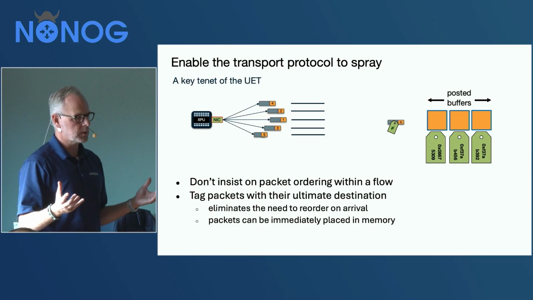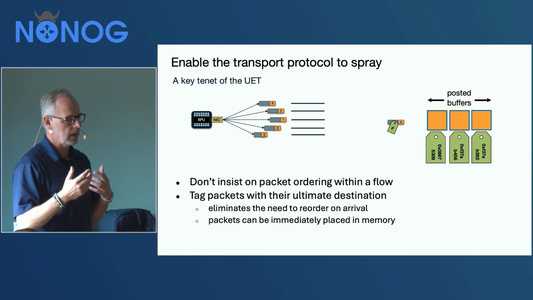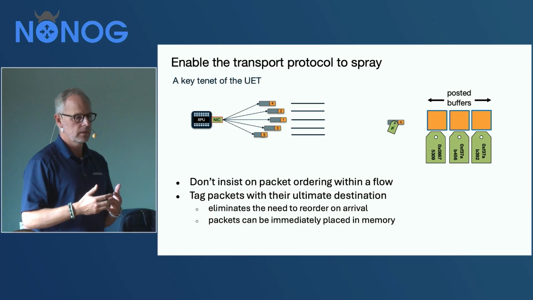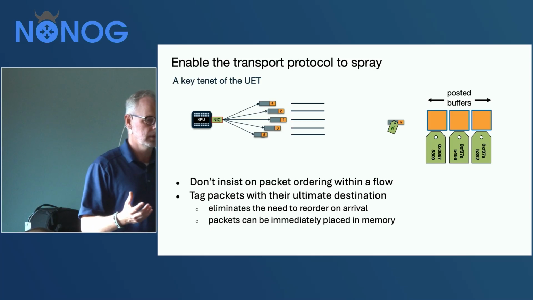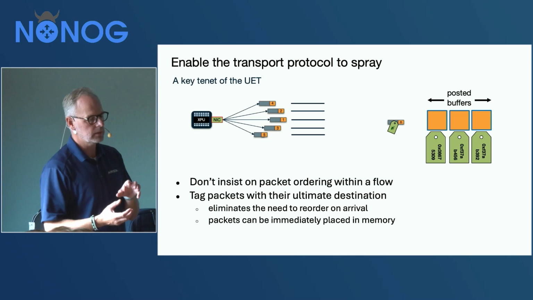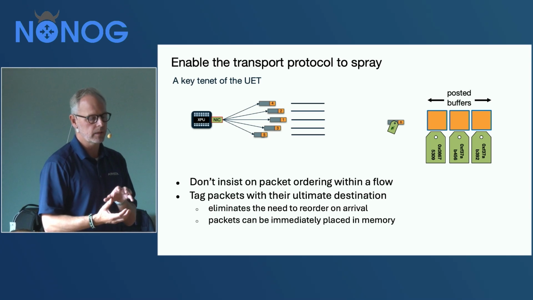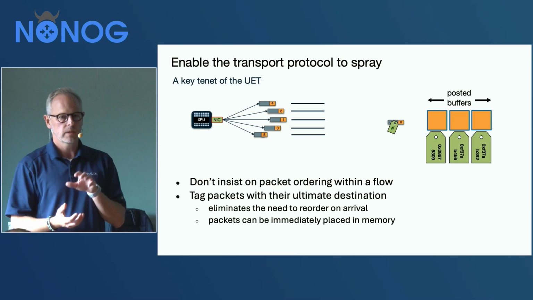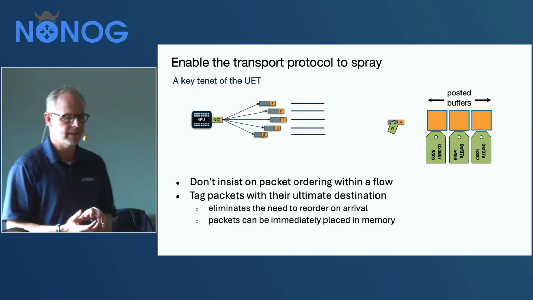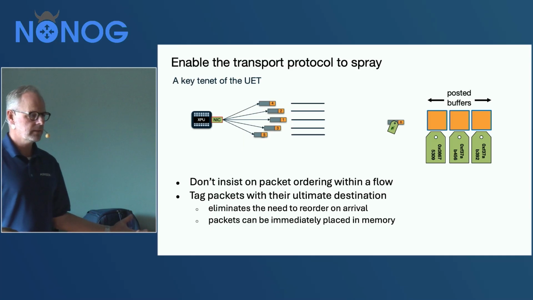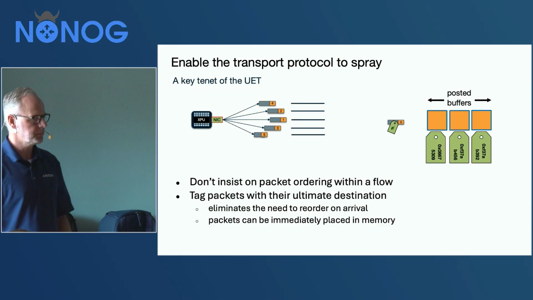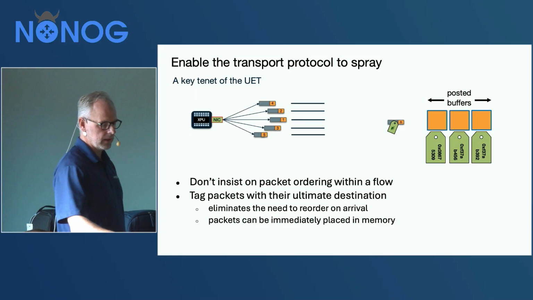When we can do packet spraying without reordering the packets, that will increase the throughput in the network. And since we don't need to reorder the packets in the network, that will lower the latency. So this feature will lower the latency and increase the throughput in an AI backend network.